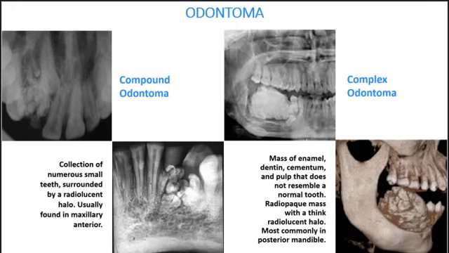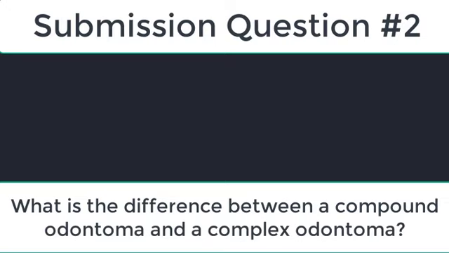Compound odontomas are usually found in the maxillary anterior region, versus a complex odontoma, which is found in the mandibular posterior region. So here is our second submission question. What is the difference between a compound odontoma and a complex odontoma?